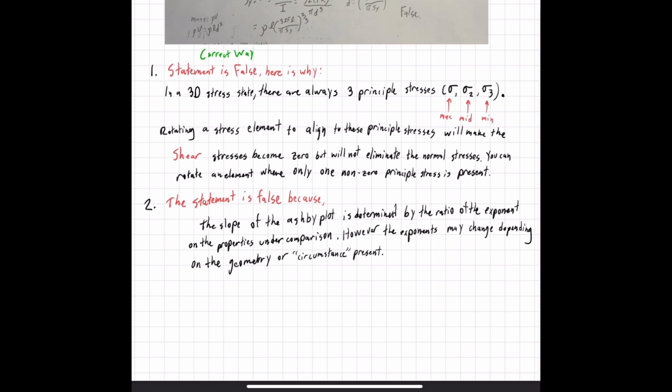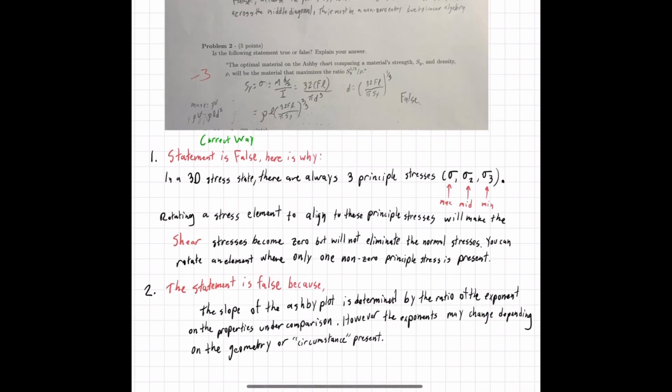The exponents may change due to this geometry or circumstance, because your math when solving is going to be using different equations. You're going to be using different types of loading or forces, or maybe instead of I, maybe it's J for a torque. But this is the correct reasoning.